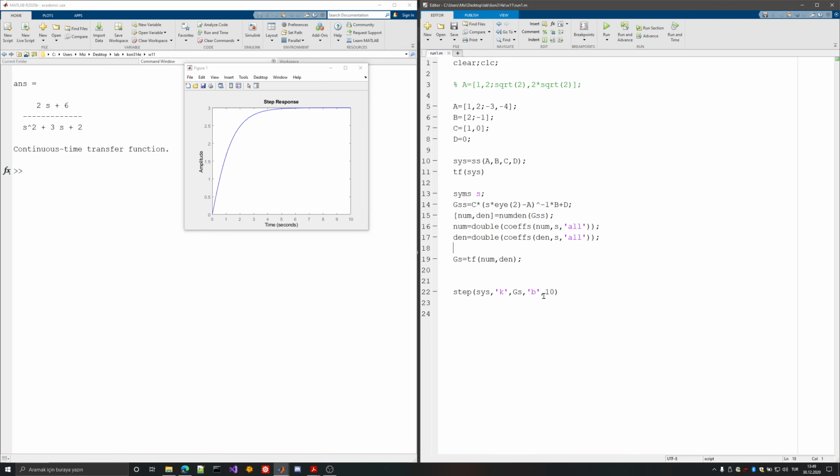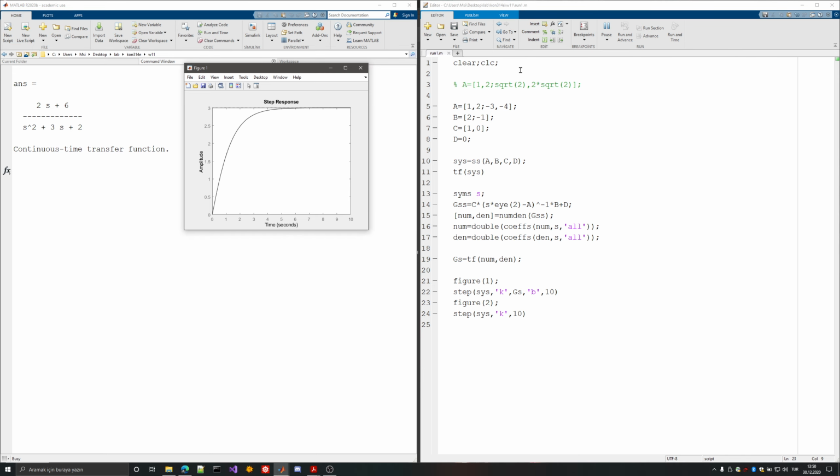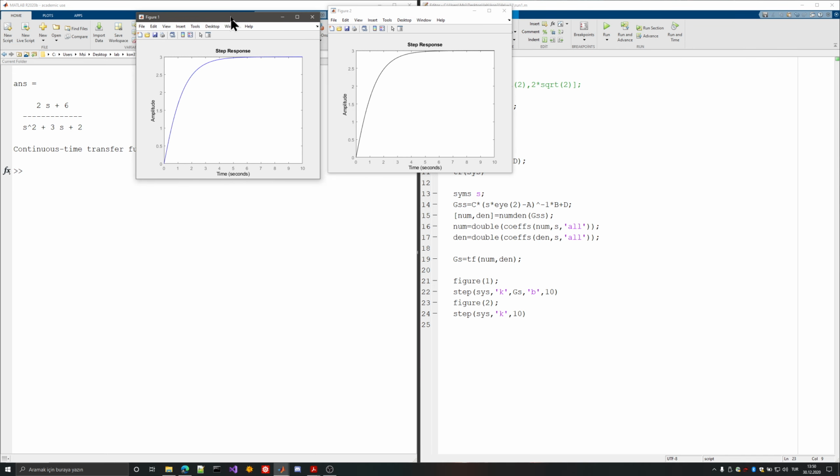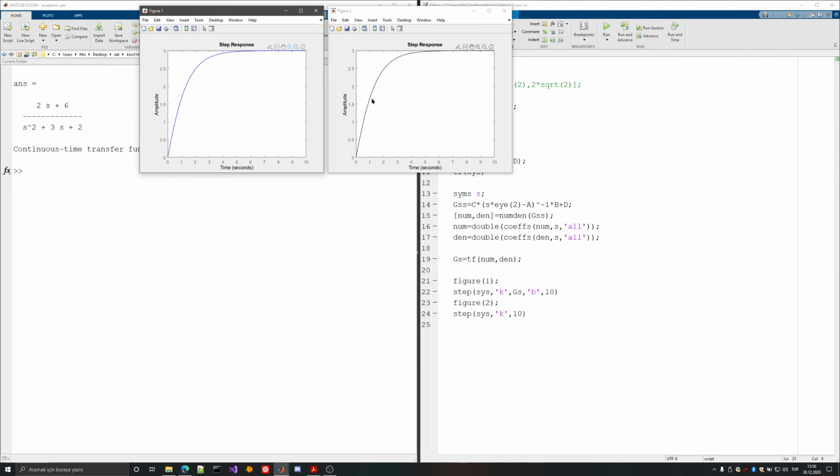and I can also plot one individual, maybe figure 1 and figure 2, and putting them side by side can show you that this is basically the same system, and this is working.